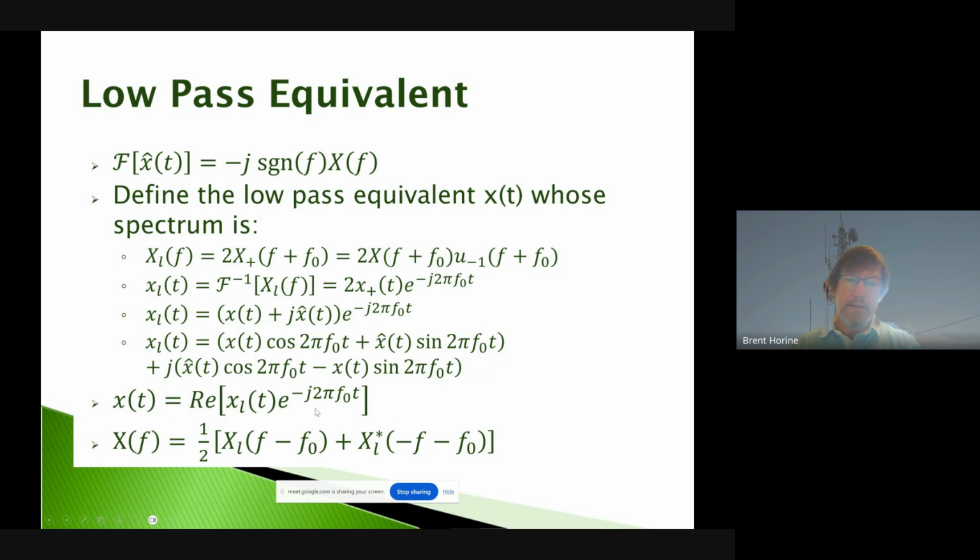And we can do that in the low pass domain, and then we can simply multiply at the end by this carrier, and then take the real part of that and get our actual signal, right? So that's handy.